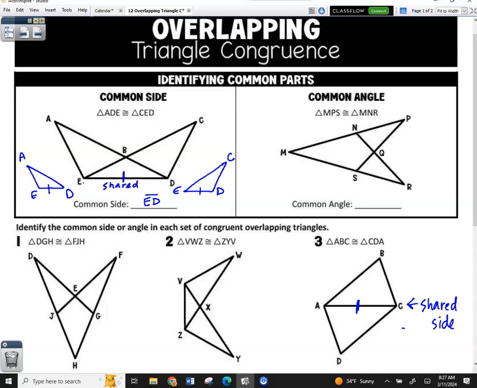And if you look up here at the congruence statement, you can even see angle M. So they definitely have this angle in common. And I would have to put a single congruent mark on it that's not repeated anywhere else, because angle M is duplicated, right? So what's the common angle? It'd be angle M. This is a shared angle, because if I pull those two triangles apart, that angle would get repeated.